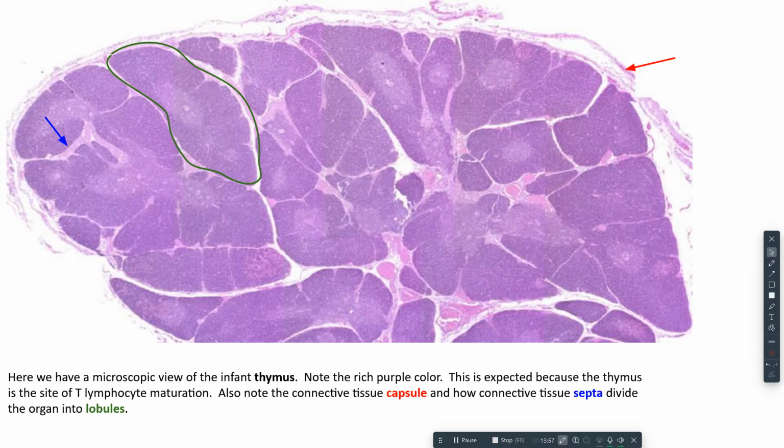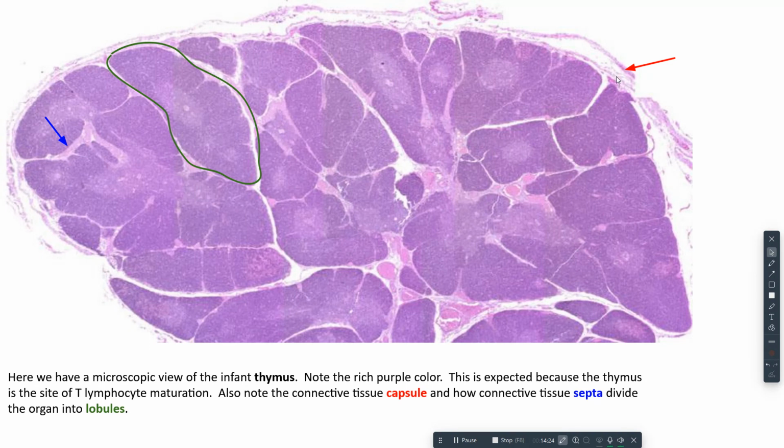The T in T lymphocyte stands for thymus, and the thymus is the site of T lymphocyte maturation. And in T lymphocyte maturation, we're actually making sure T lymphocytes respond only to foreign things and not our own body tissues. And we're destroying any that fail to do those two things. Okay, there's a connective tissue capsule.